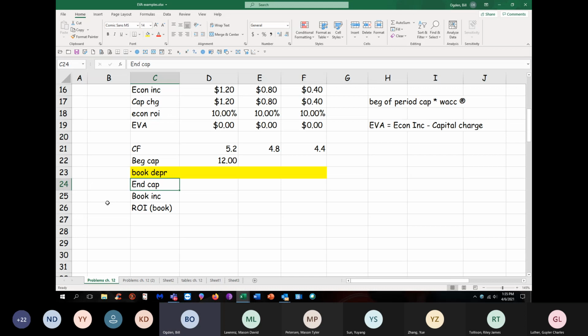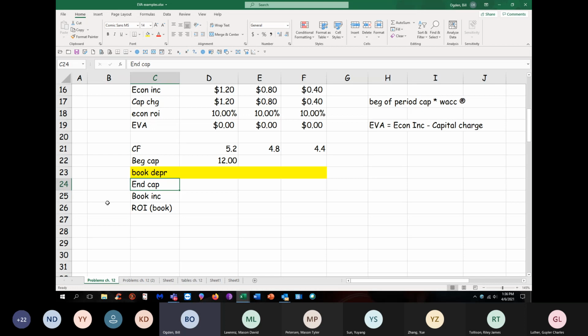Now, the reason being is that the book depreciation is not economically based. It's basically an arbitrary schedule which is designed to account for the loss in value of your capital assets.